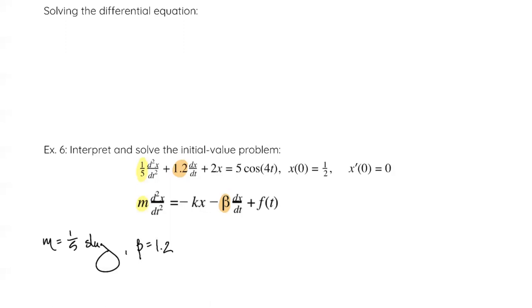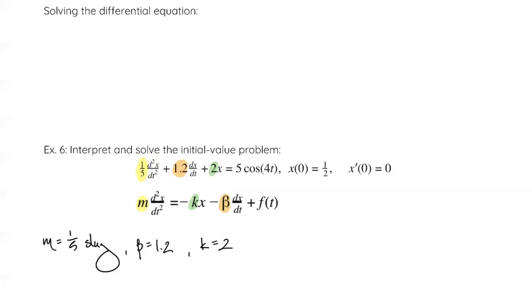All right, what does the 2 stand for? As we scan through this other equation, we might notice k is the coefficient for x. So that means that our spring constant in this case is actually 2, okay?